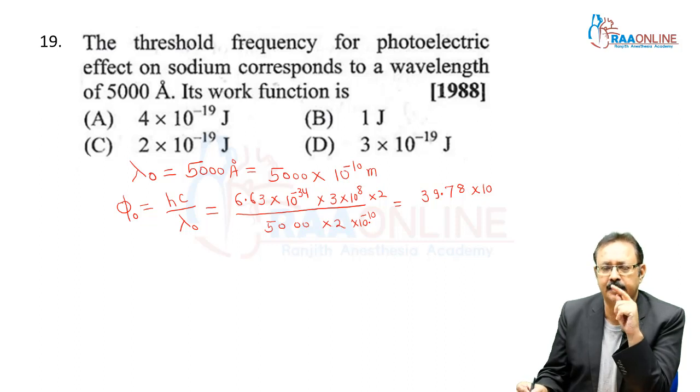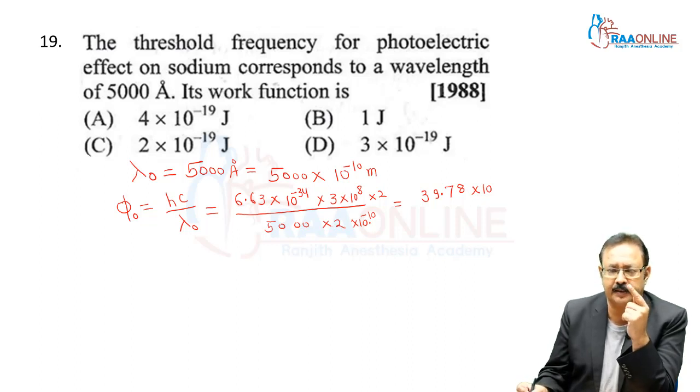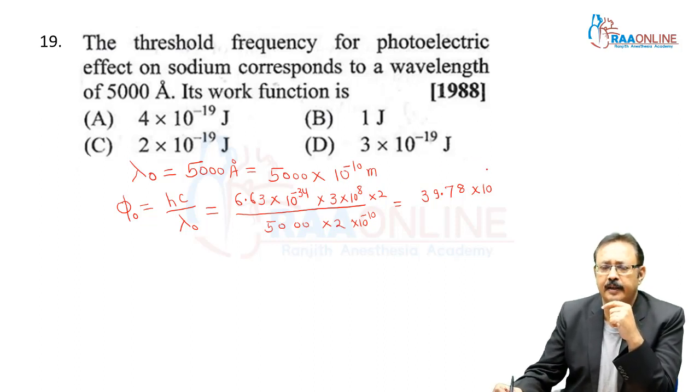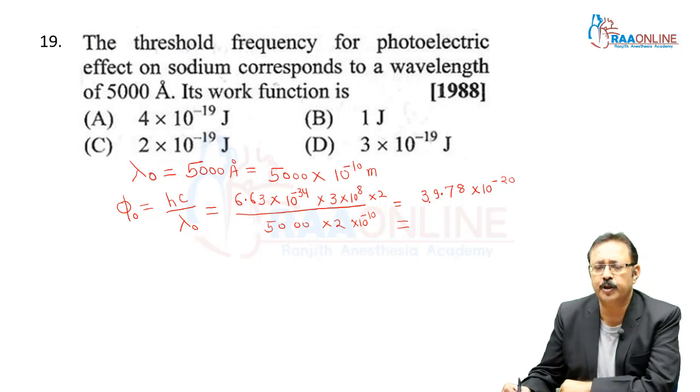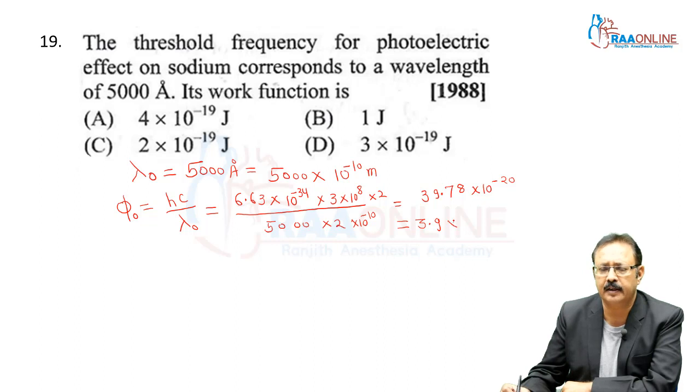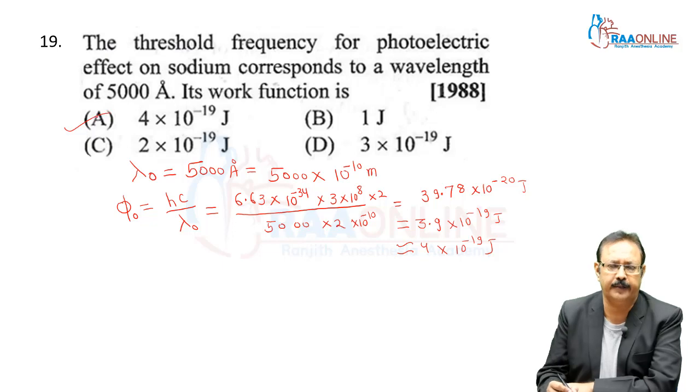It is minus 6. Take in numerator, it will become plus 6. So 14 plus and 34 minus, it means minus 20. But if you are using decimal, it should be after 1 please. So from this, it will become minus 19. We are doing in SI units, so unit should be joule. 3.9 means nearly 4 into 10 to the power minus 19 joule. So we will go with option A.